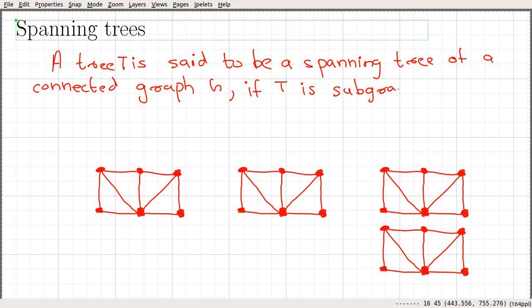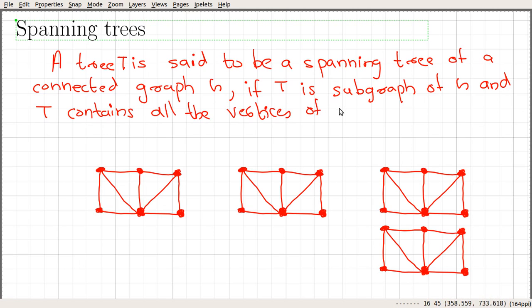subgraph of G and T contains all the vertices of G. Okay, so a tree T is said to be a spanning tree of a connected graph if T is a subgraph, so that's a first property that T should possess.